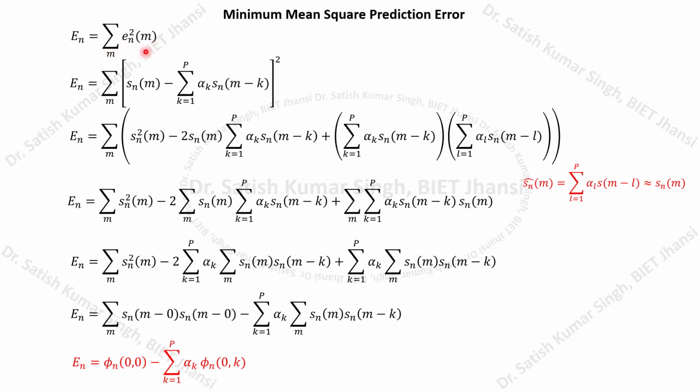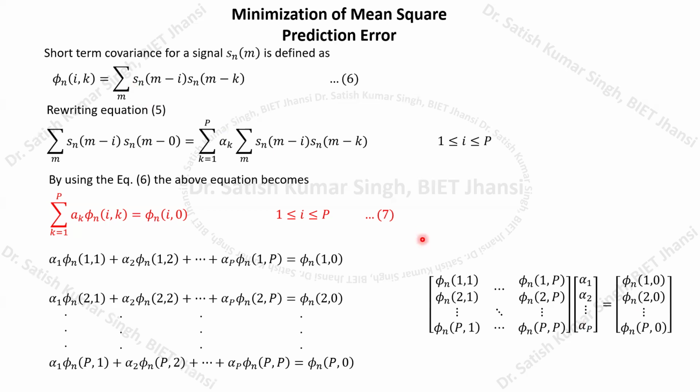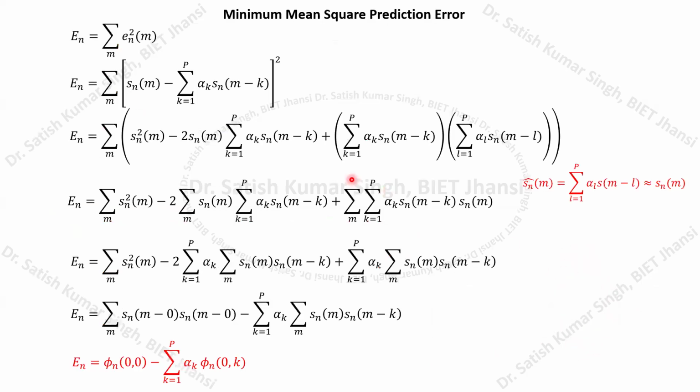If you substitute the values of alpha that we calculated using this matrix, then obviously we are going to get the minimum mean square prediction error.